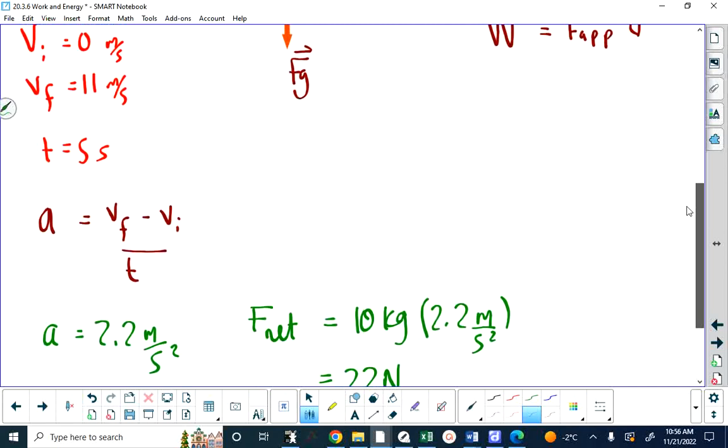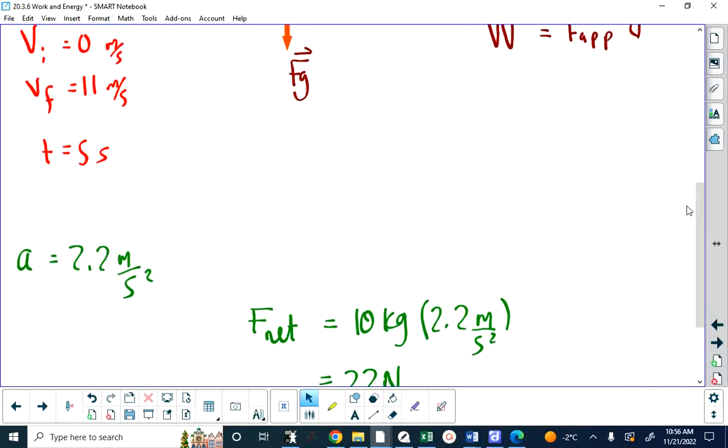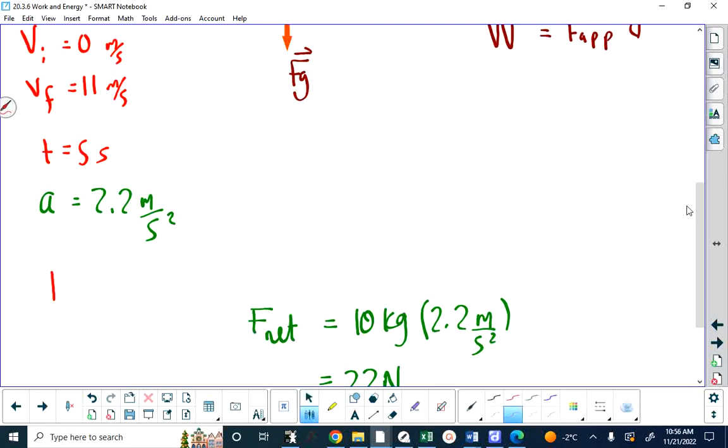The nice thing is now that you know VI, VF, T, and A, you can use any formula you want to find distance, as long as it's one of those 5. So I'm going to use this formula: D equals VF plus VI over 2 times T.